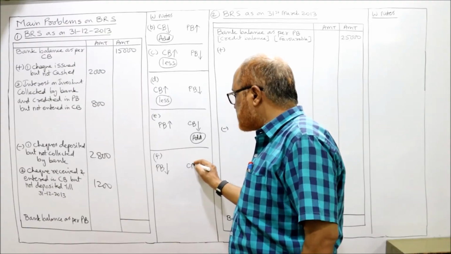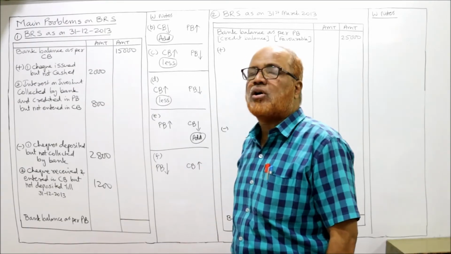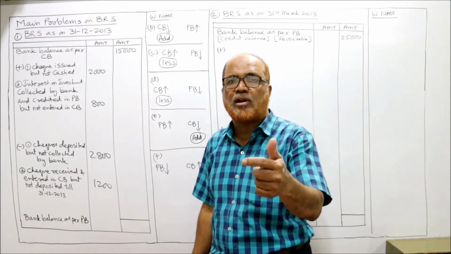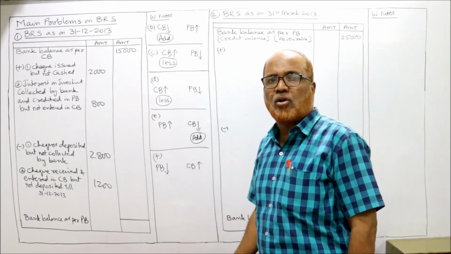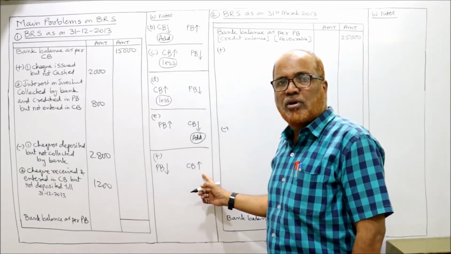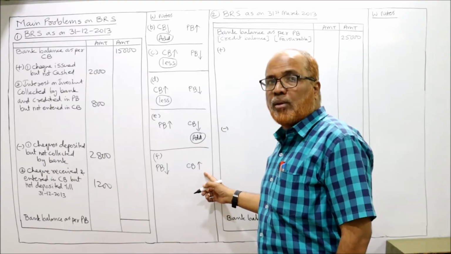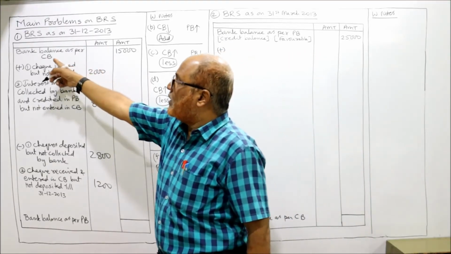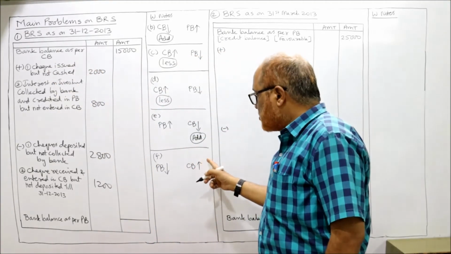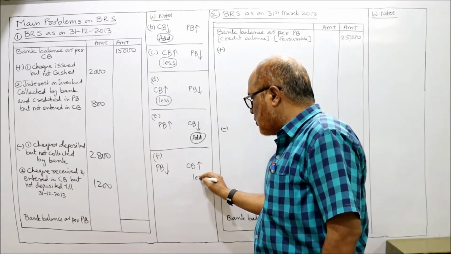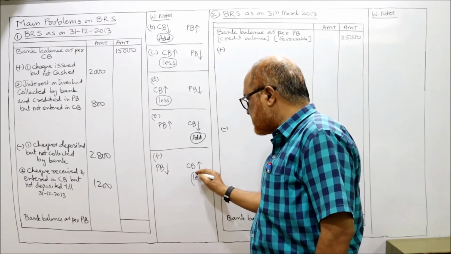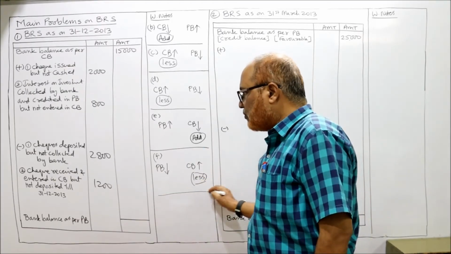Whereas the cash book balance still shows more balance, because the bank charges are not recorded in the cash book. Our starting point is the cash book, showing more balance. So what we have to do? Deduct, minus.